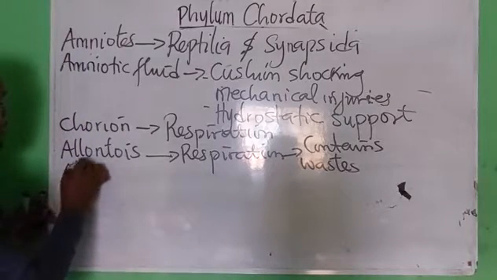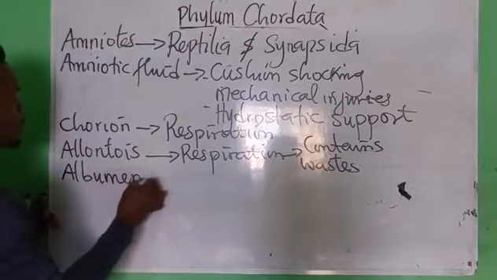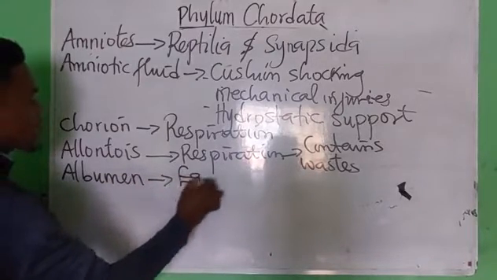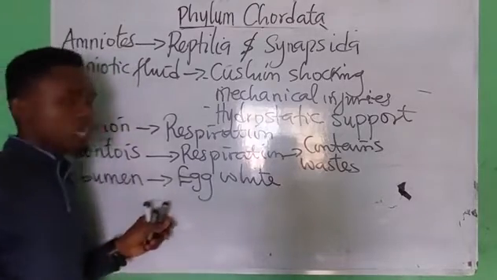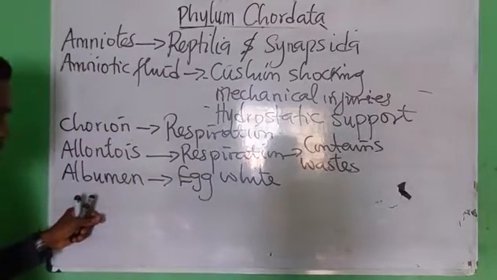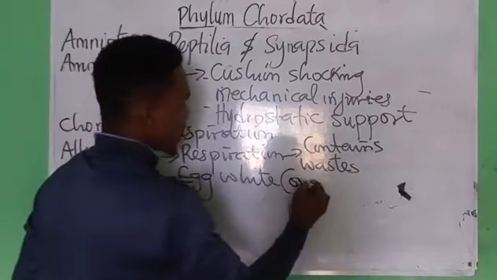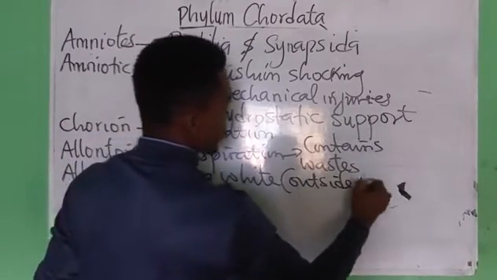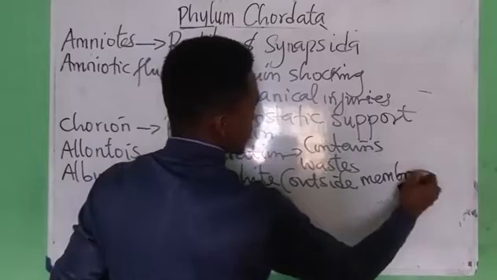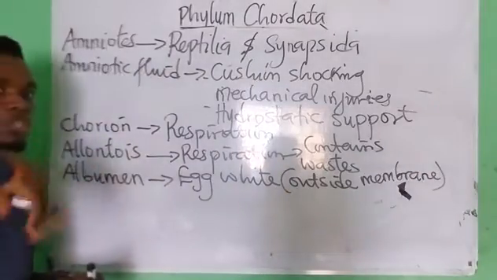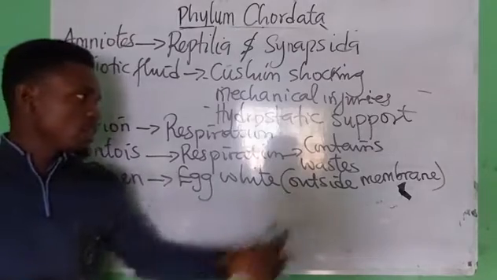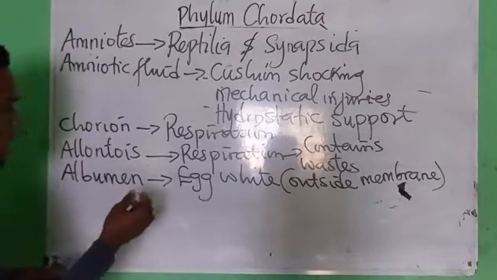Albumen is also present. The albumen, which is also called egg white, is formed outside the membrane. Is that not correct? Outside the membrane, because after the eggshell, which is porous, you now have the egg white.